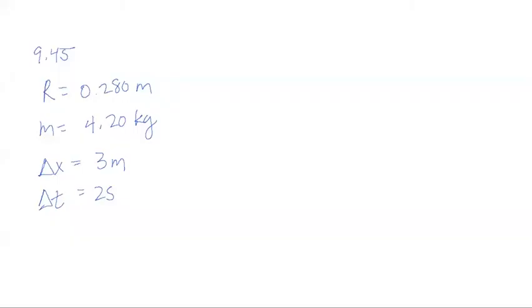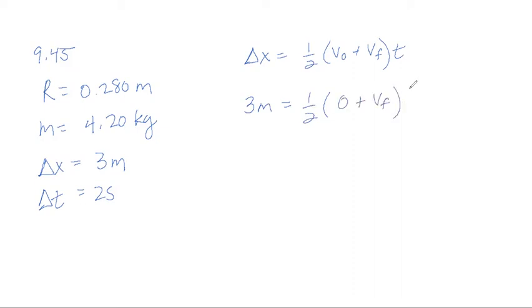Okay, first we're going to solve for that velocity of the wheel. So we're going to use the handy dandy delta x equals 1/2 (v naught plus vf) times t. So we know delta x is 3 meters equals 1/2, and v naught is 0, plus v final times t.